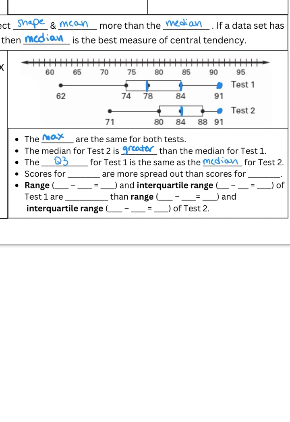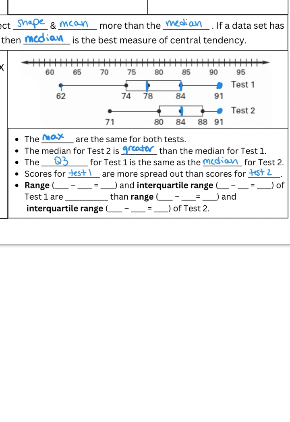Scores for what are more spread out? So spread out is definitely test 1. So the scores for test 1 are more spread out than the scores for test 2. And you can see if you were to calculate the range, test 1 is going to be much greater.